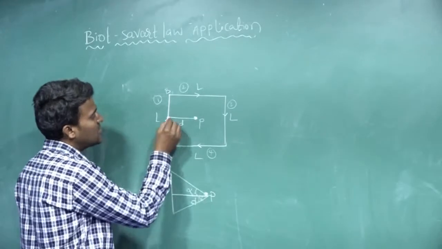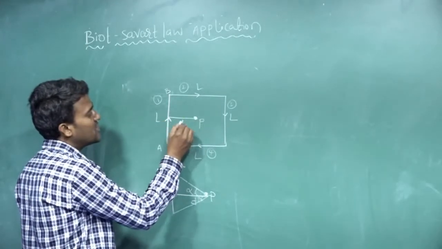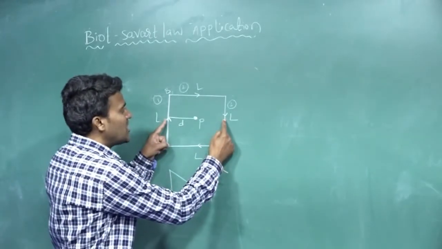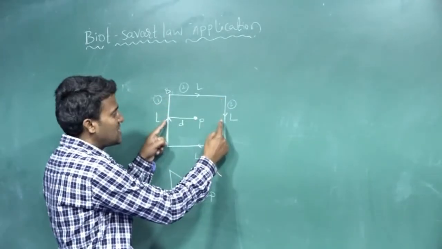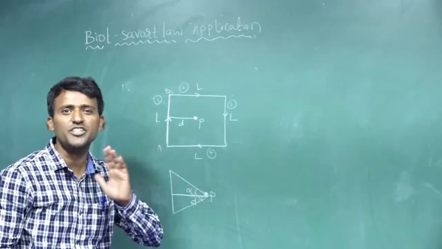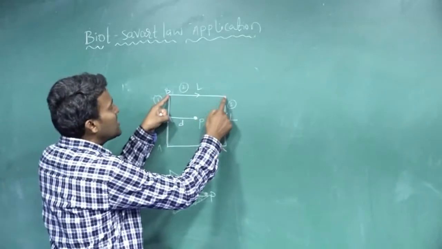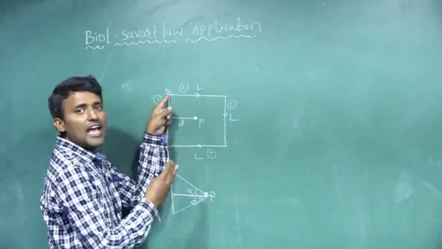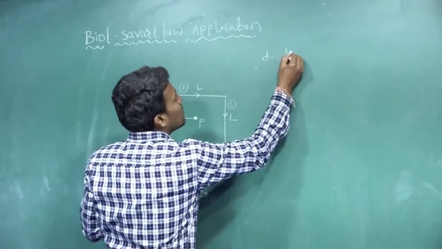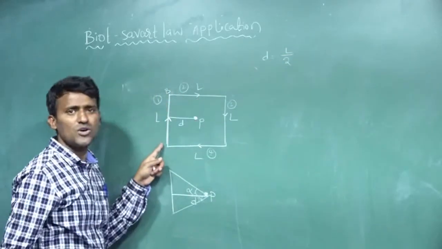Here D is equal to how much? See here, this total length is L. Exactly at the midpoint means half of the distance, so half of the total length L is L by 2. I am writing D is equal to L by 2.